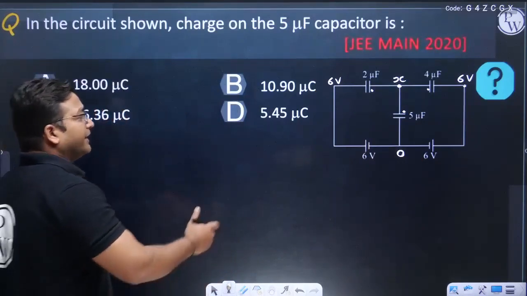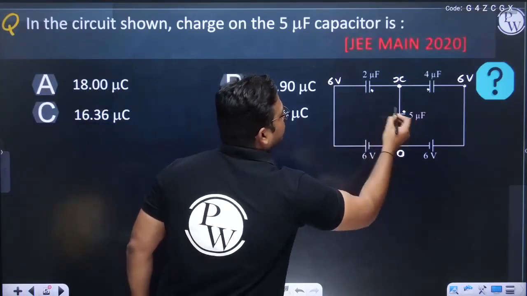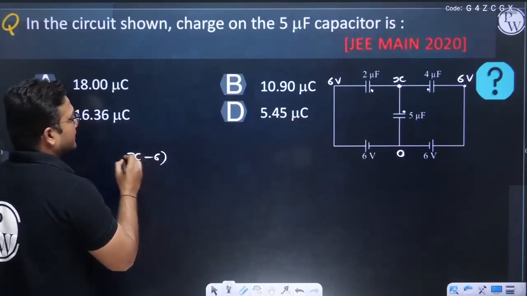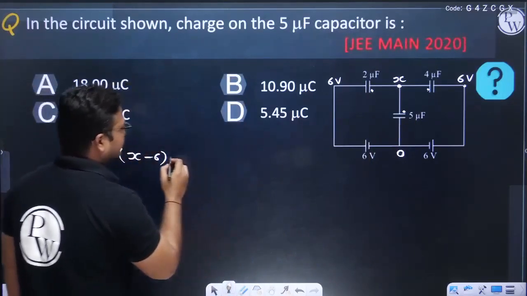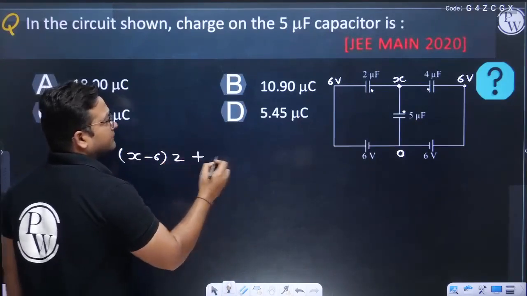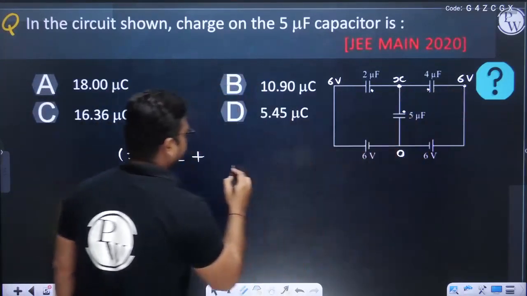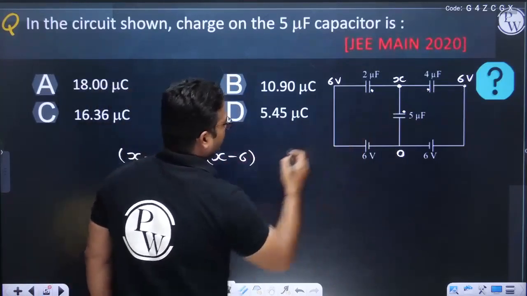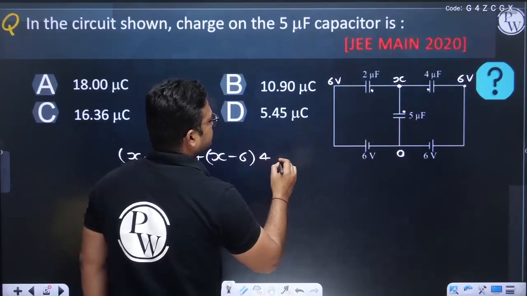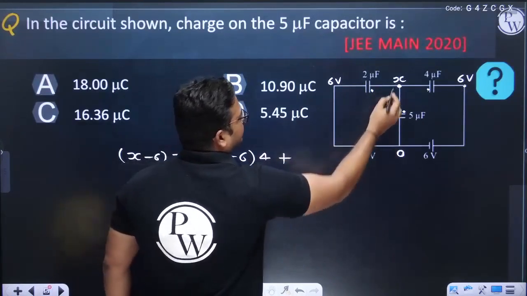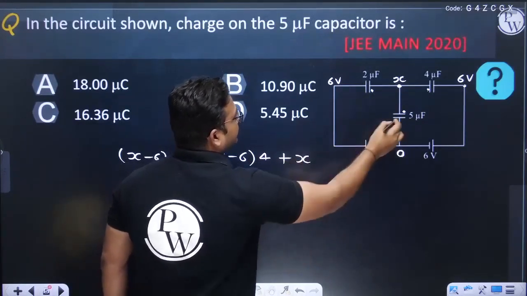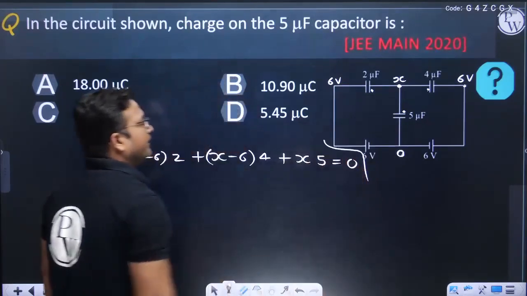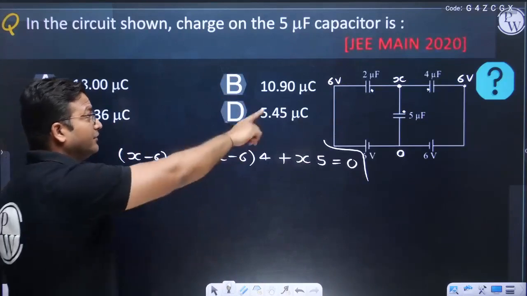So let us write the total charge on these three plates: x minus 6 potential difference times capacitance 2, plus x minus 6 times capacitance 4, plus x minus 0, that is x, times capacitance 5, equals 0. That is the KCL equation at that node.